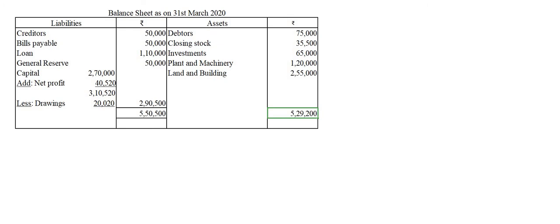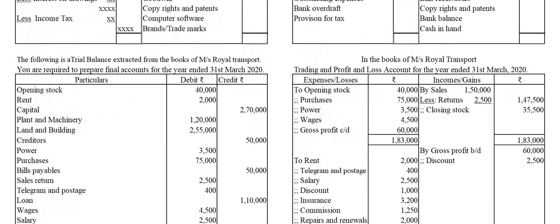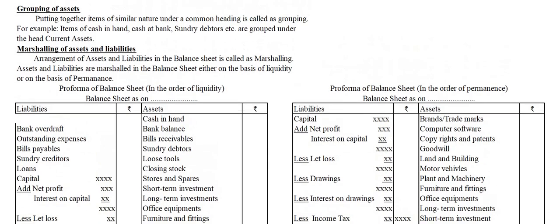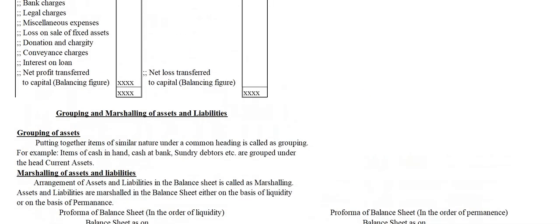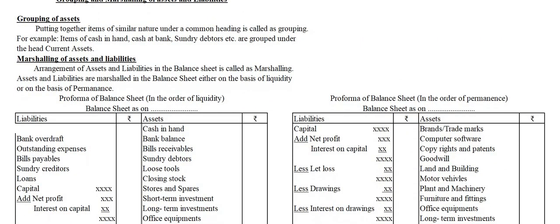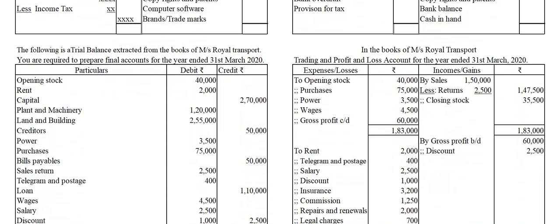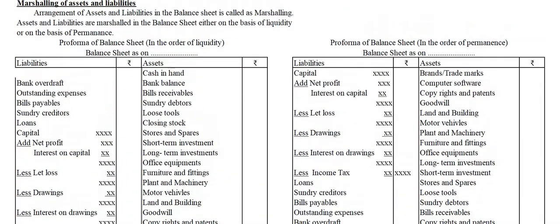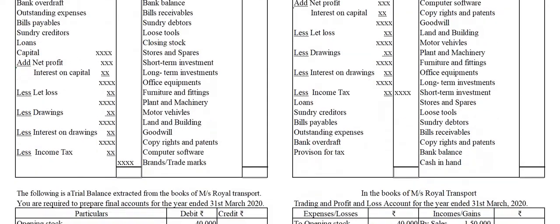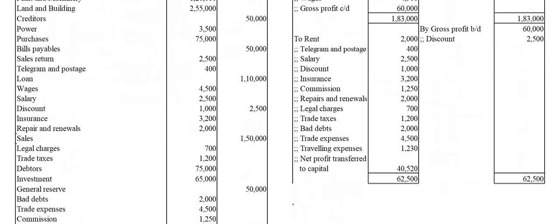So today we have discussed the format of profit and loss account, and we have studied grouping and marshalling of assets and liabilities, and after that we have prepared the format of balance sheet as per the order of liquidity and order of permanence. After that we have solved a question.